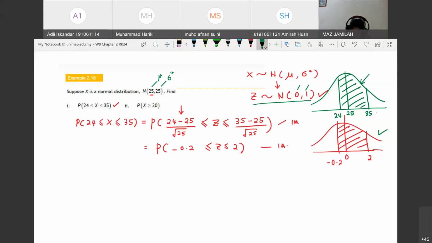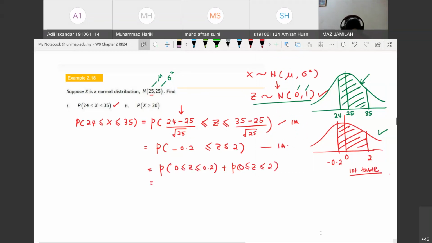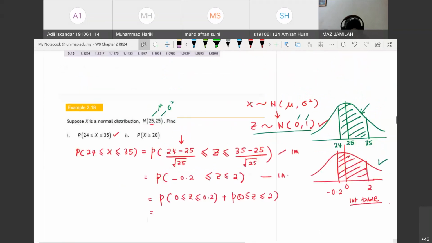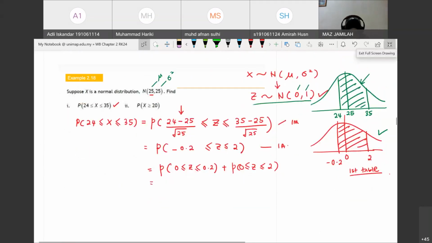Now, let us continue. We are looking for this area, so in this case, I use my first table of standard normal. We are talking about the probability of Z between 0 until 0.2 plus Z between 0 until 2.